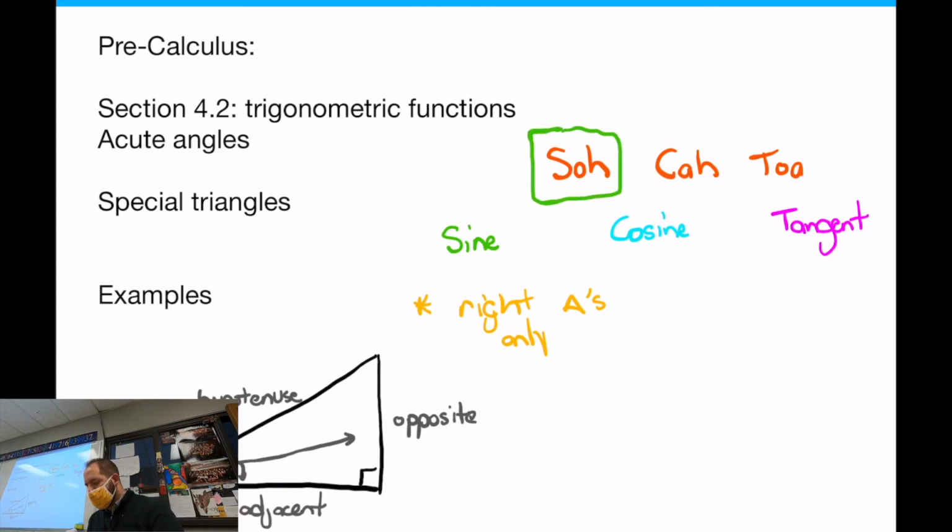The SOH part stands for sine of your angle is equal to, and now the two letters in the back are the fraction that you write after it. The second letter goes on the top of your fraction, and the third letter goes on the bottom. Does that make sense for the SOH part? Here, O stands for opposite, and H stands for hypotenuse.